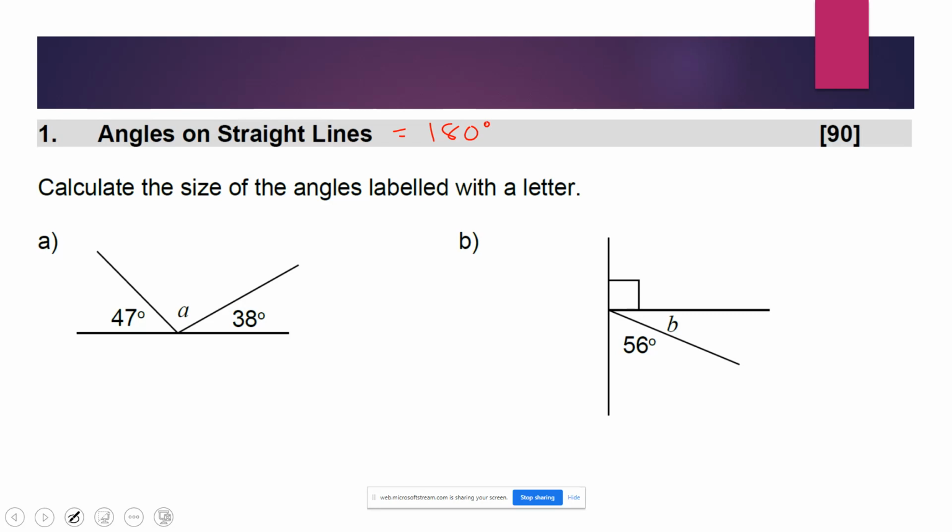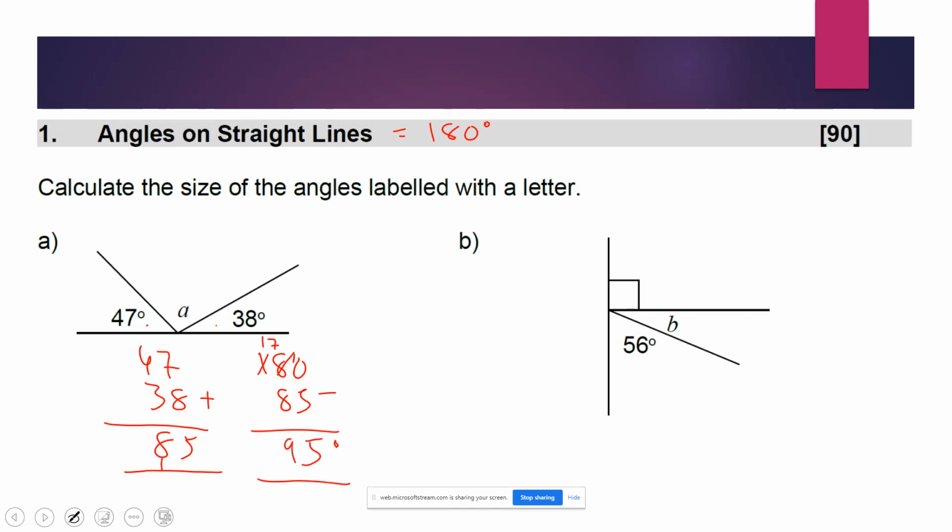Okay, so if we add together the ones that we know, 47 plus 38 equals 85. And if we take away that from 180 to find the missing angle A, that gives 95 degrees.